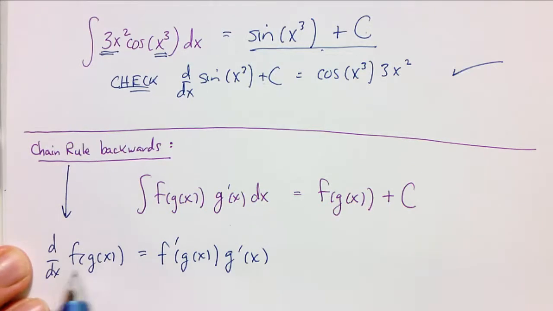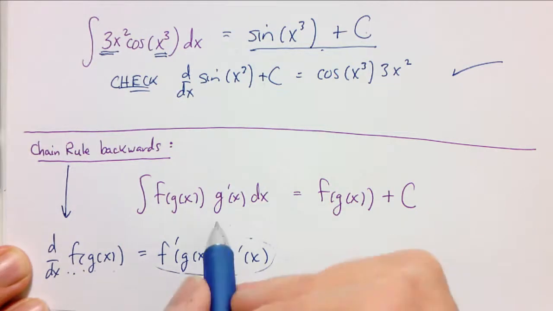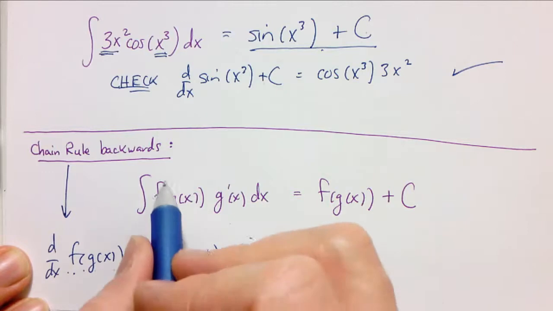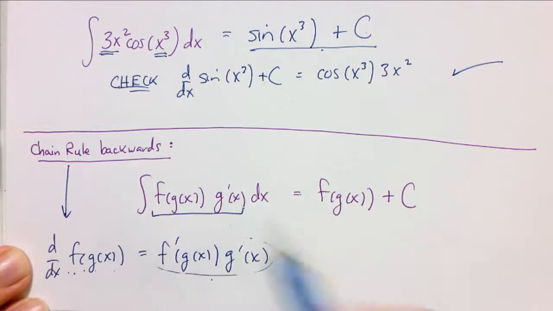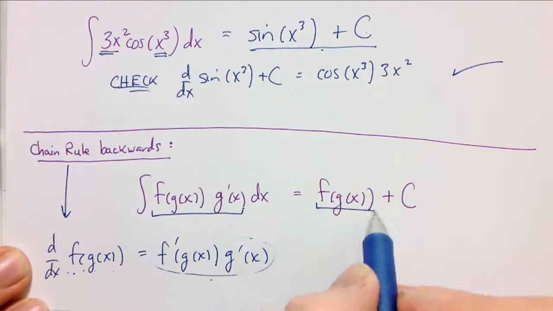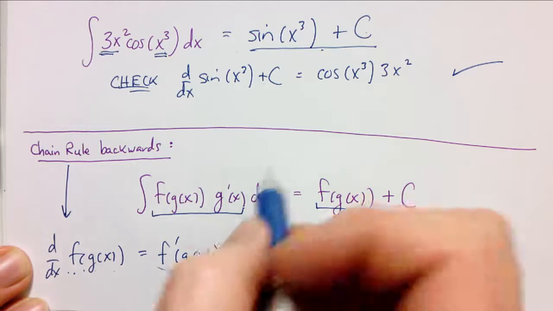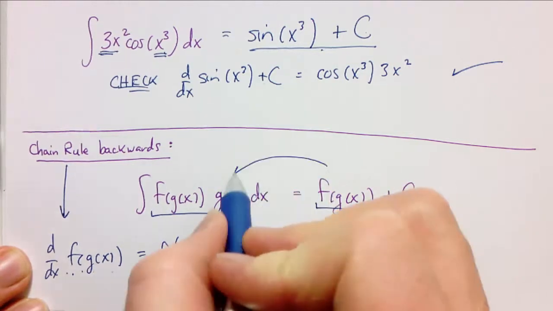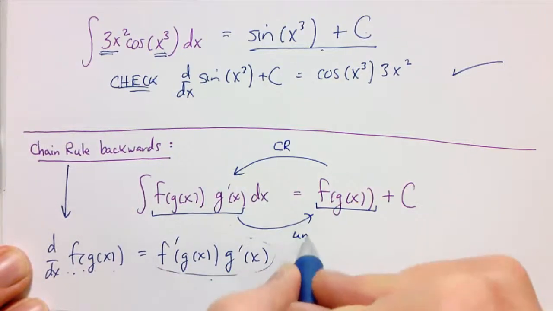The derivative of this is equal to this, so the antiderivative of something like this is equal to f of g of x. So the chain rule written backwards just says if we want to find the antiderivative of one of these chains, we're going to get back to the original composite function, and in the general case we have a plus c. Going this direction we have the chain rule. Going this direction we're undoing the chain rule.